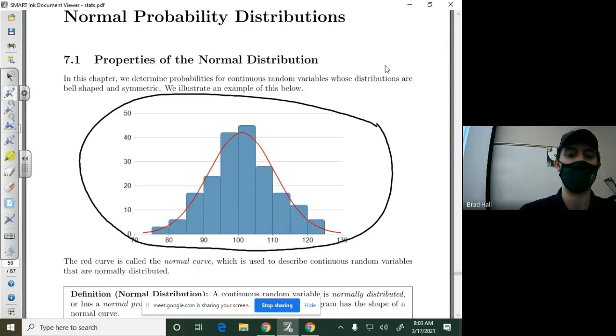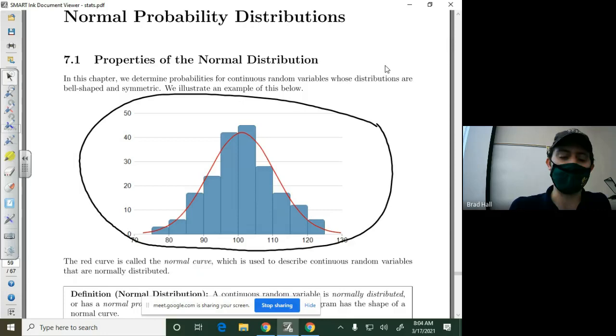I put an example here. Maybe this represents IQ scores, or it could represent heights or other dimensions of a certain animal, some measurement.